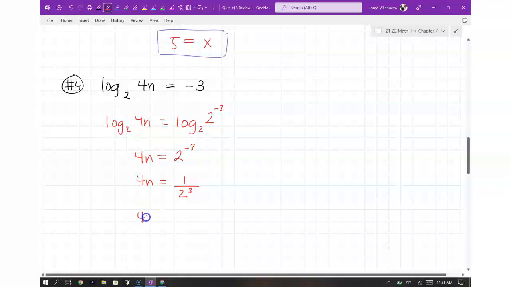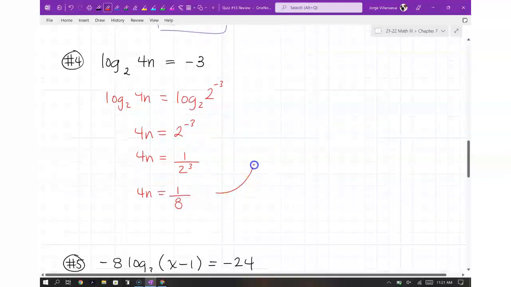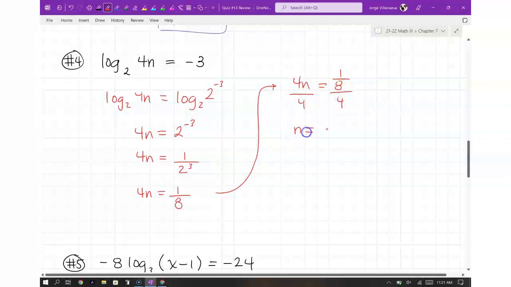So this is 4n equals 1 over 8. And in order to solve for n, let me move this over here. I'm going to just rewrite it really quick. I'm going to divide by 4. So n is equal to 1 over 32. Okay, and that's our answer.